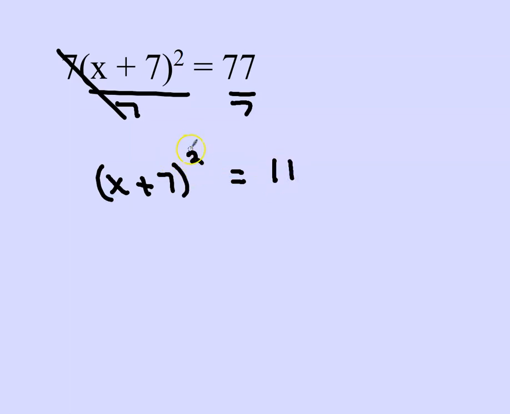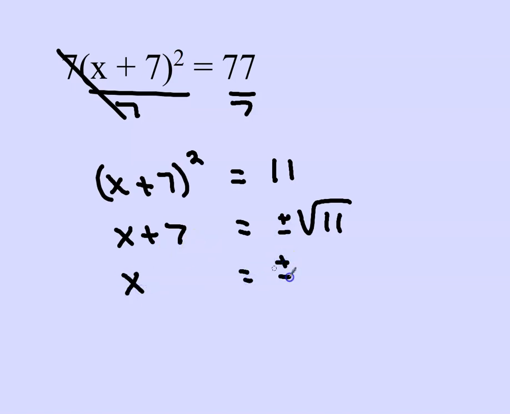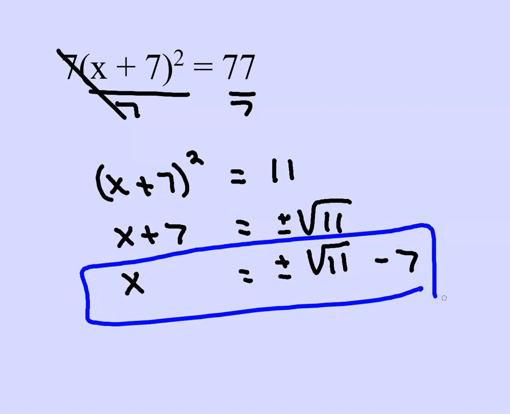When you square root to undo the square, you'll just have x plus 7. And then, since there's no whole number that squares to get 11, we'll just write square root 11. And don't forget, there's both a positive and a negative. Okay. Now, how do you undo adding 7? You'll subtract 7. So we'll just subtract 7 from each side. Here it goes away. Here you get square root 11 minus 7. Okay. So this is what your answer looks like. All right, that should do it.